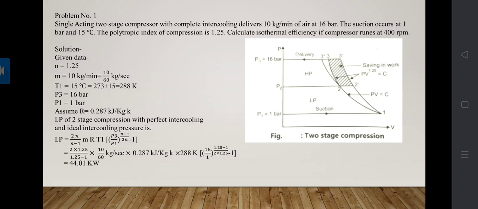R is 0.287, T1 is 288 Kelvin, P3 is 16 bar and P1 is 1 bar. By putting all these values, we calculated the indicated power as 44.01 kilowatt.